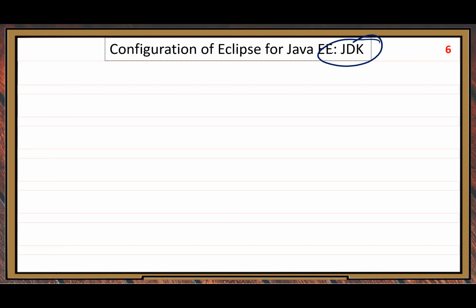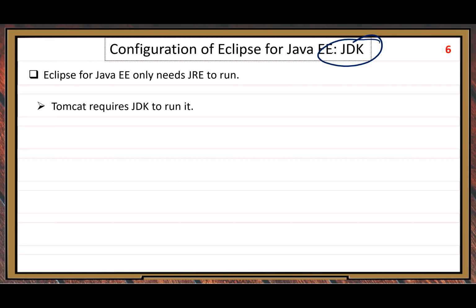You need to tell Eclipse where to locate the JDK, because Eclipse only needs a JRE to run. So you need to pass extra information. And Tomcat requires a JDK to run.